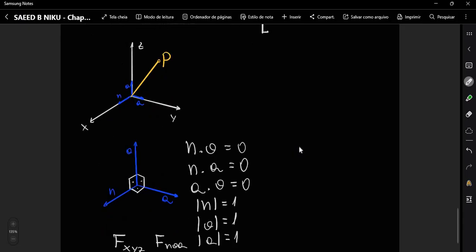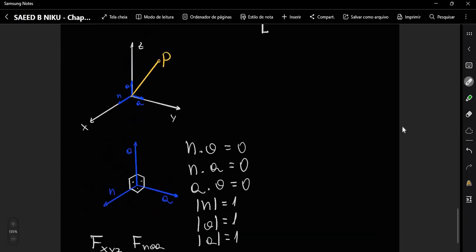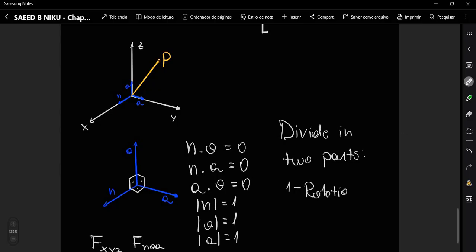Let me write this. First, we divide in two parts. One is the rotation part, and for the rotation, we do the transpose.